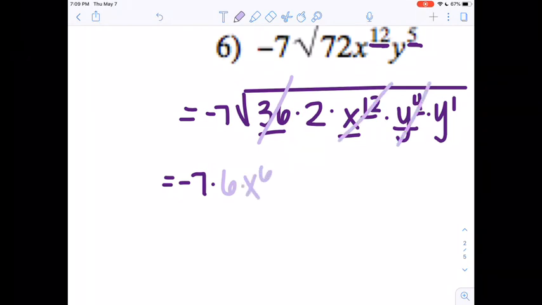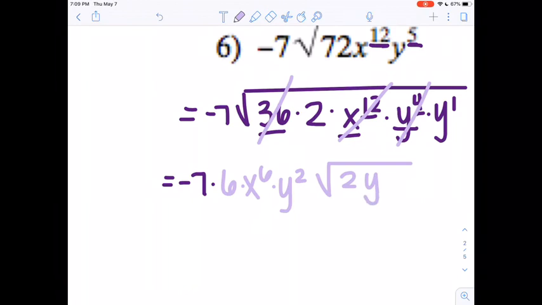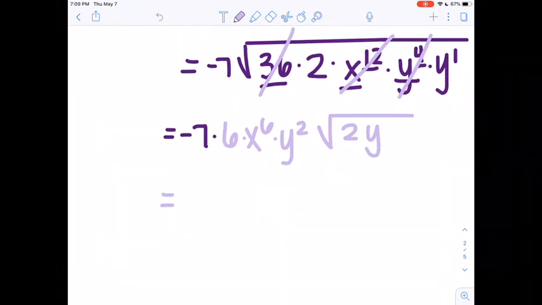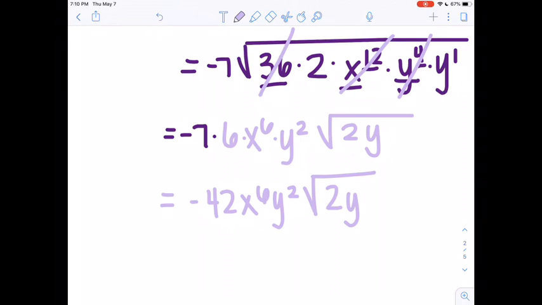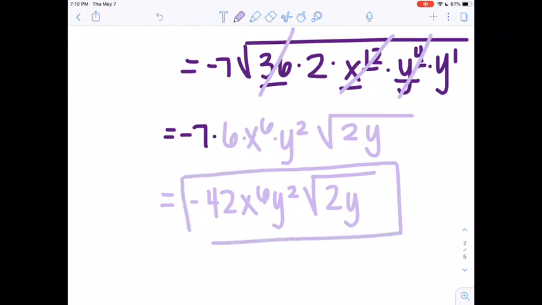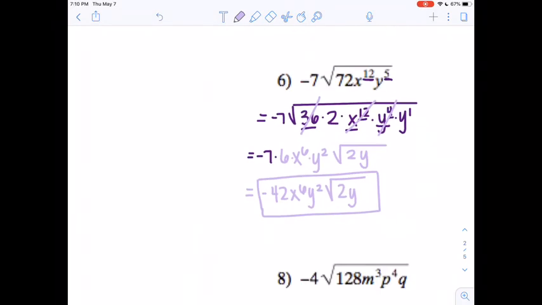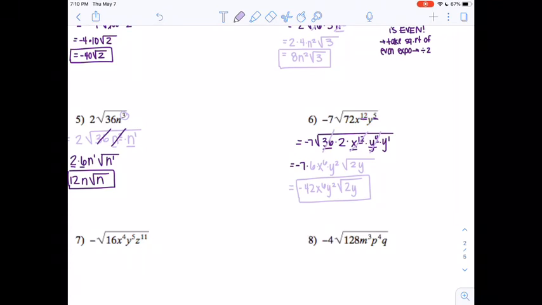And then y to the 4th, that becomes y to the 2nd. And then inside of the square root, I have 2 and y left. So let's multiply the outside numbers together. That's -42, x to the 6th, y squared, square root of 2y, and know the order of your variables does not matter. Okay, and then we're done.